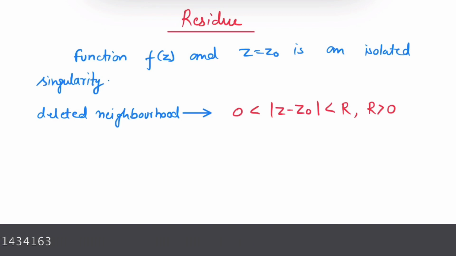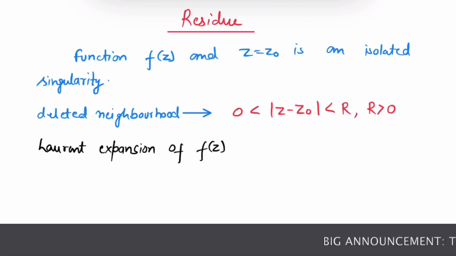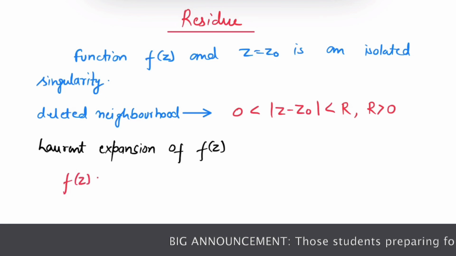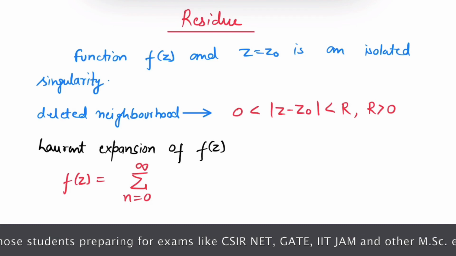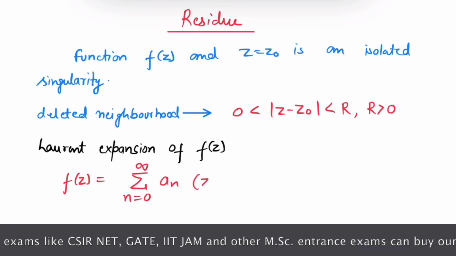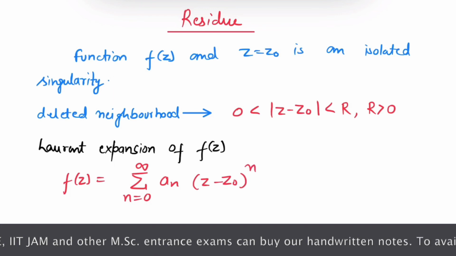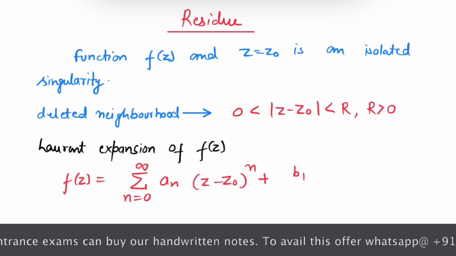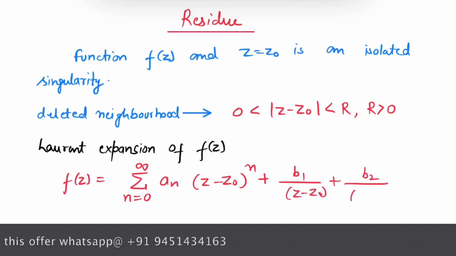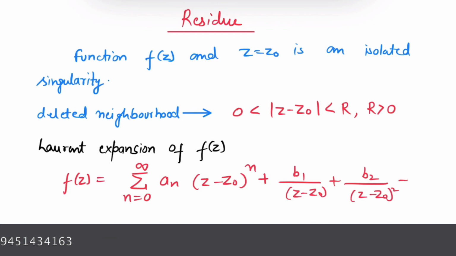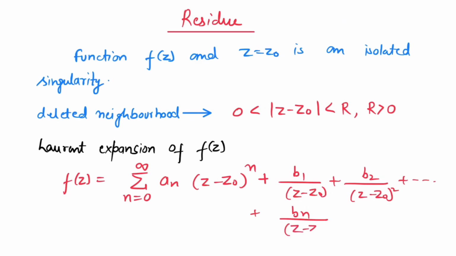around z naught. So the Laurent expansion is f of z equals summation n from 0 to infinity a n times z minus z naught raised to power n, plus b1 over z minus z naught, plus b2 over z minus z naught square, and so on, bn over z minus z naught raised to power n and so on.